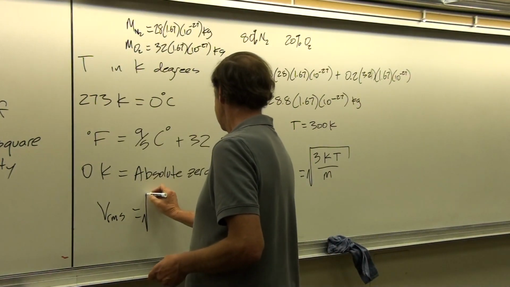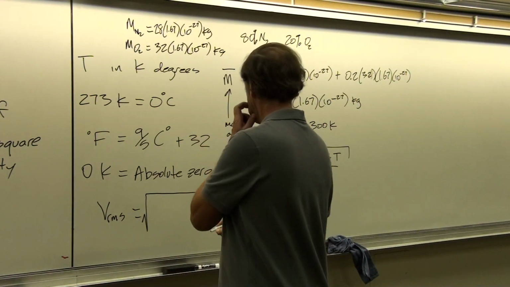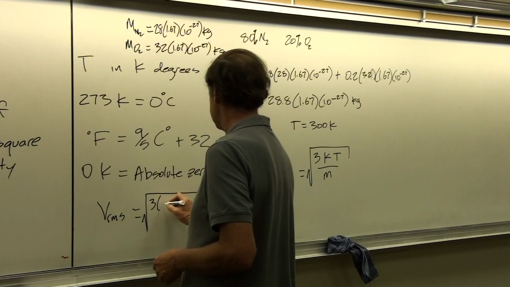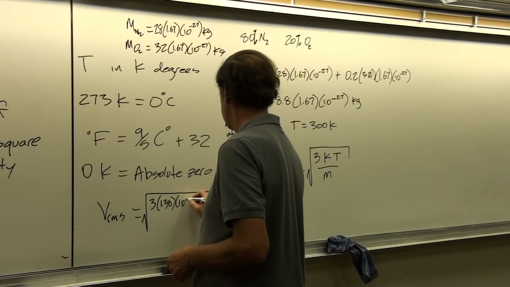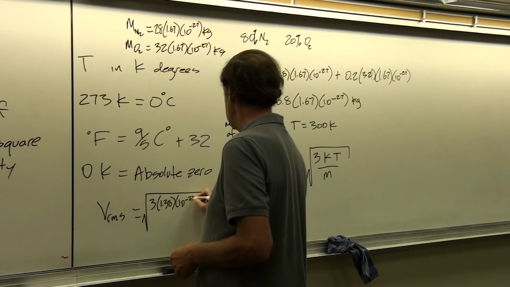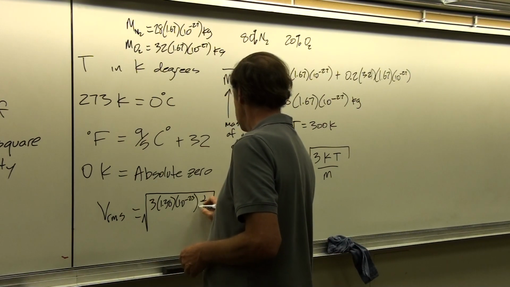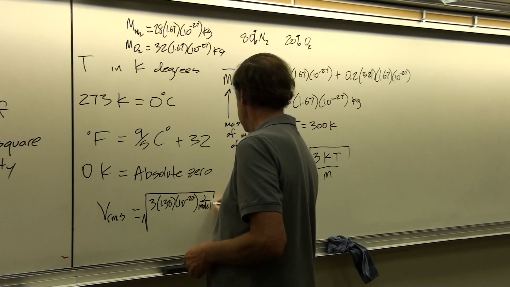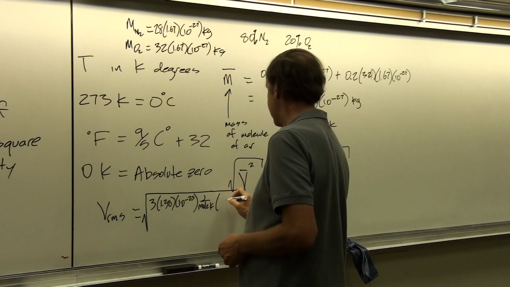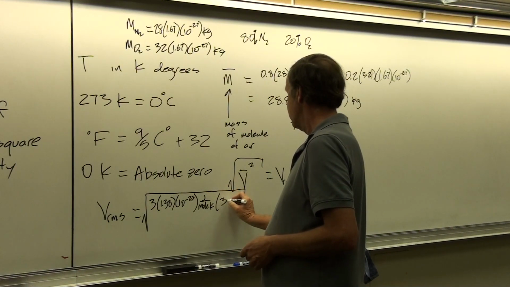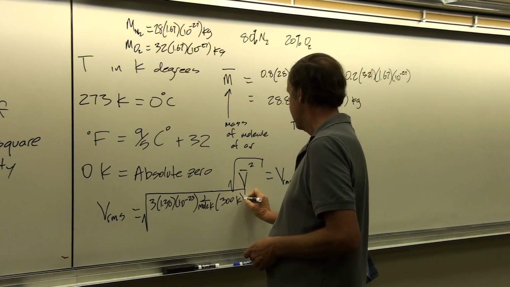So in this room right now, this would be the square root of 3 times K, 1.38 times 10 to the minus 23 joules per molecule degree Kelvin, times the temperature. That always has to be in degrees Kelvin, not in degrees centigrade or degrees Fahrenheit.